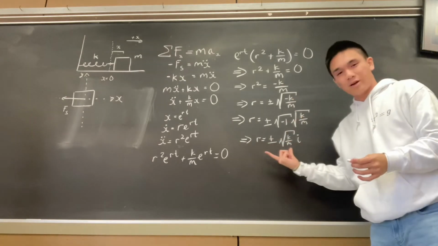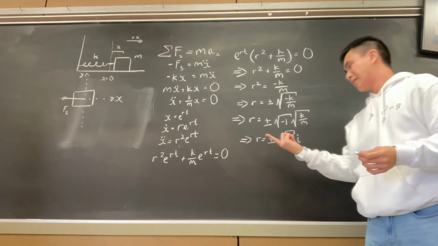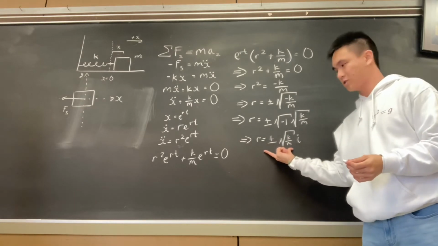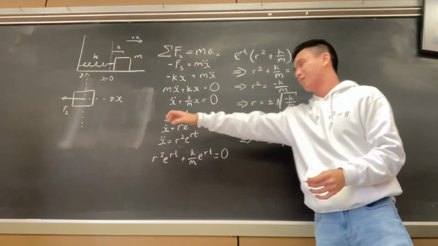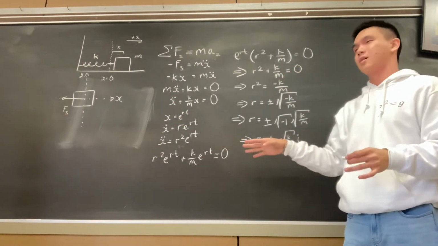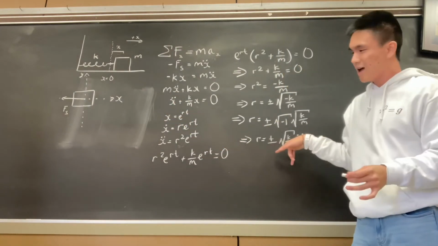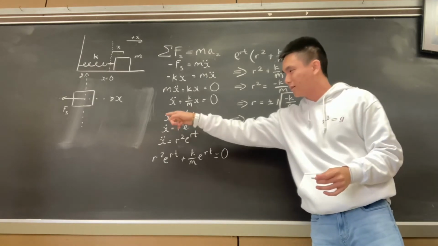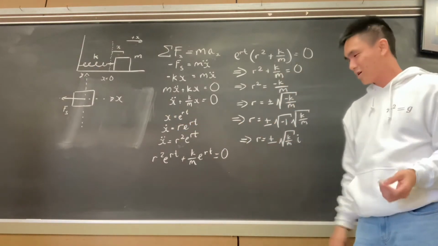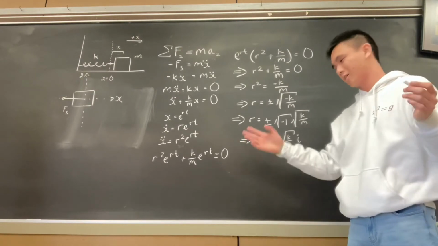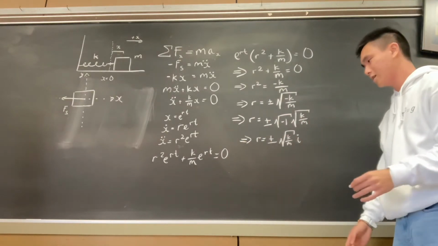Okay, so what now? If you've taken a differential equations class, this value of r corresponds to a very specific type of general solution for this x. Unfortunately, I'm not a mathematician. I cannot go into the rigor of this, and it would make this video way too long anyway.